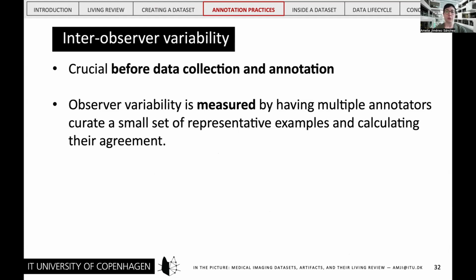Establishing observer variability of the task at hand is crucial before data collection because it helps to set accuracy targets, determine the required number of annotators, estimate the needed data, and assess the variability. Observer variability is then measured by having multiple annotators curate a small set of representative examples and calculating their agreement for binary classifications, or a metric like the DICE score for segmentation.